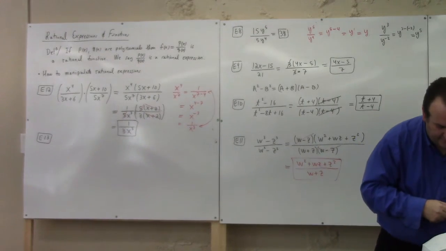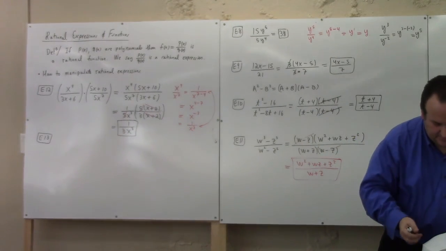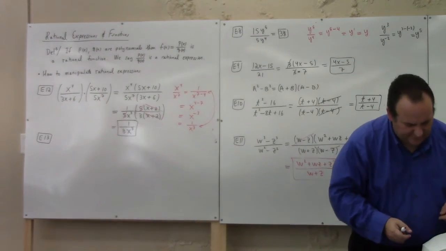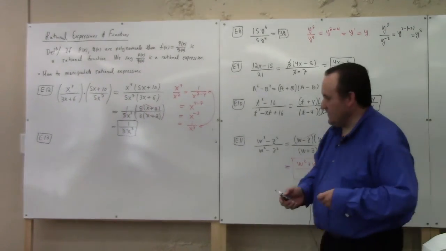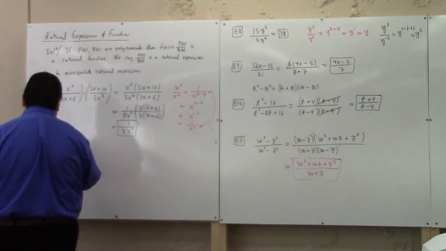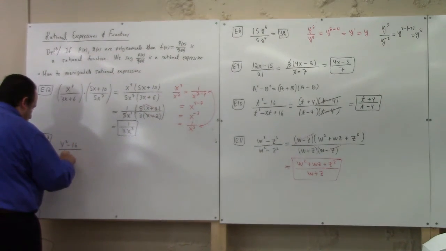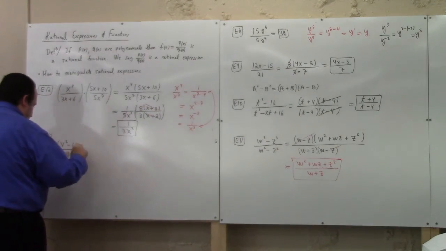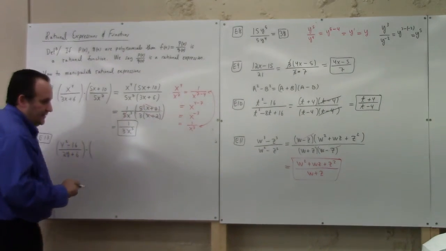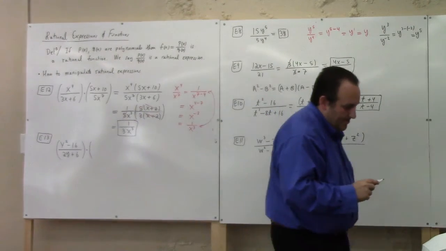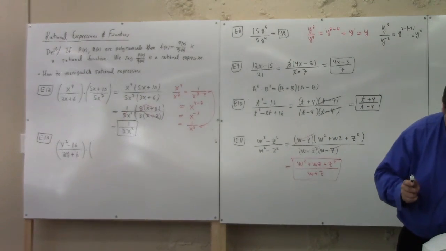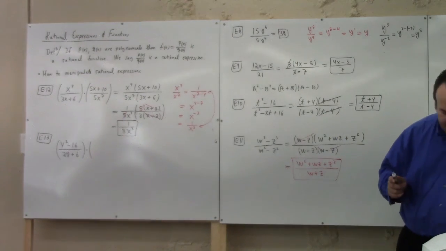How about this? We've got y squared minus 16 over 2y plus 6. We're supposed to multiply that by y plus 3 over y minus 4.